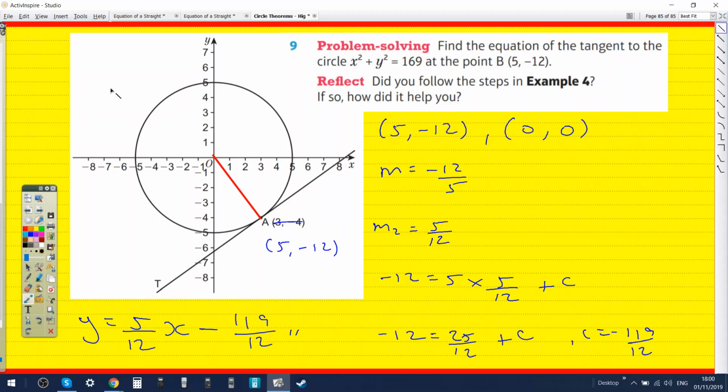That's it. So replace y and x. What coordinate is the radius always on? There's one coordinate that the radius always goes through. Is it the x? It is 0, 0.